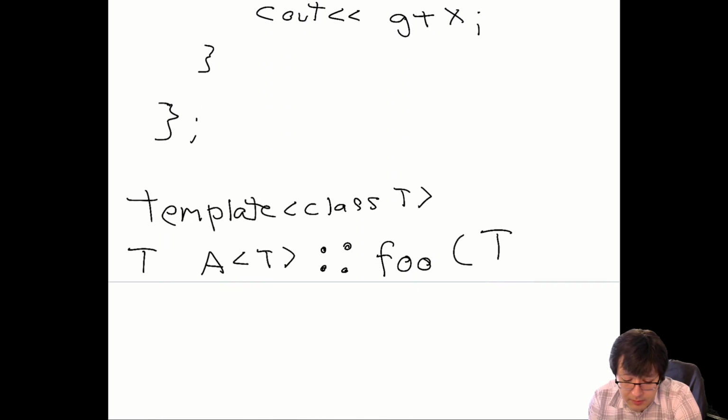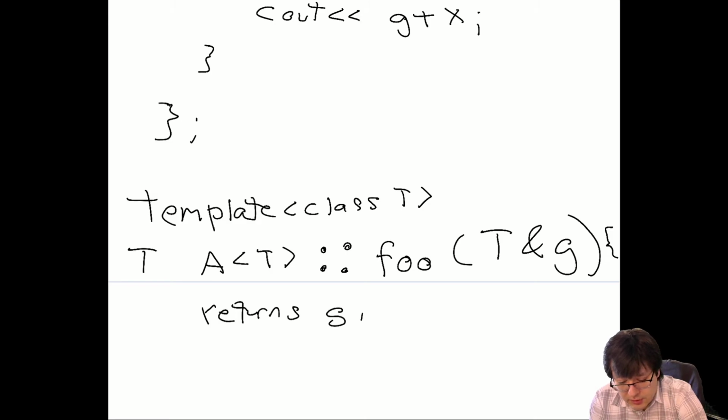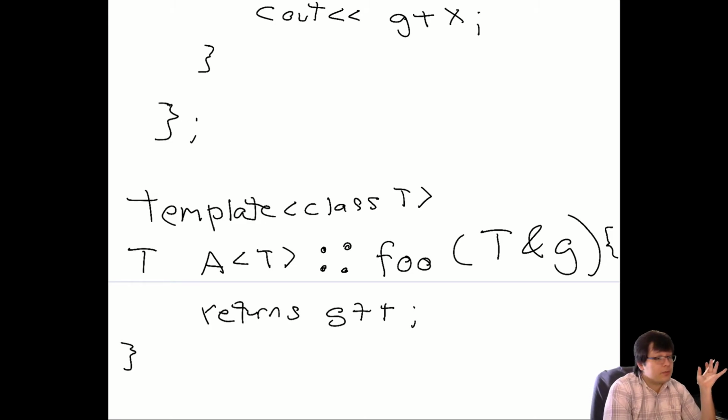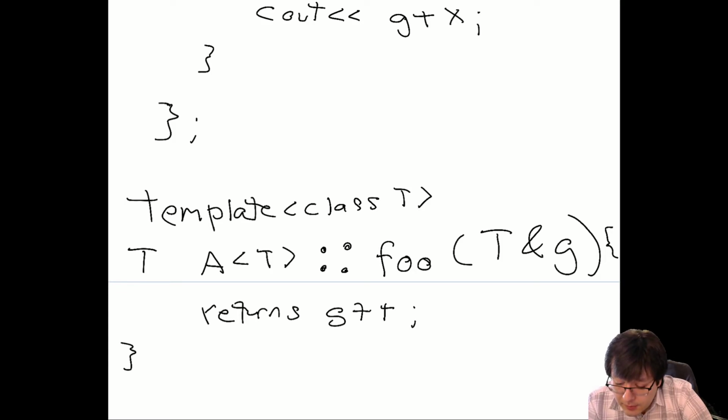And then foo also had a parameter in it. And then you can go ahead and write your code. So let's just say that this function returns G++. Write that nicer, G++, like that. As long as G is some type that's built in, that works. Otherwise, again, we'd have to overload the operator. This is the post increment operator that we'd have to overload. That's pretty much it.